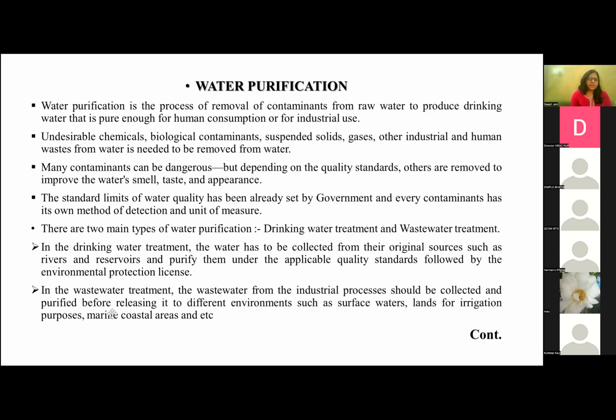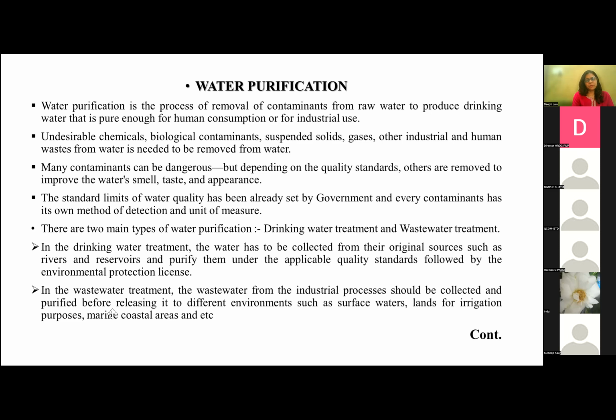Many contaminants can be dangerous, but depending on the quality standards, others are removed to improve the water's smell, taste, and appearance. The standard limits of water quality have already been set by the government, and every contaminant has its own method of detection and unit of measure.